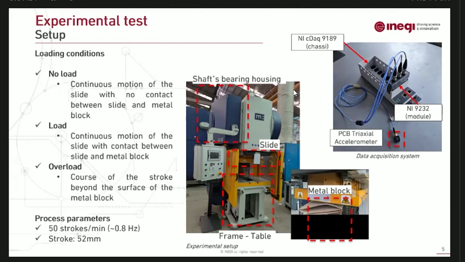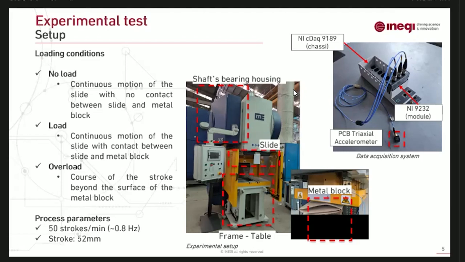The loading conditions: we had no load at all, so the slide went up and down with no block. Then we had load conditions where the slide would go up and down and make contact with this metal block.